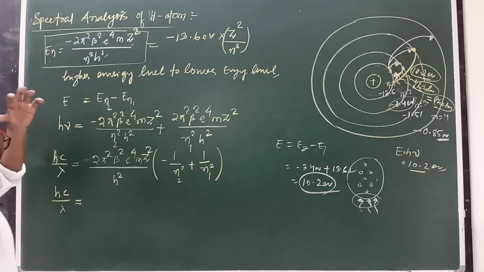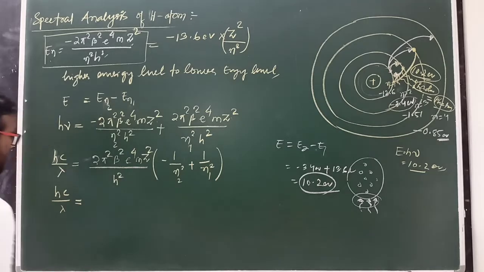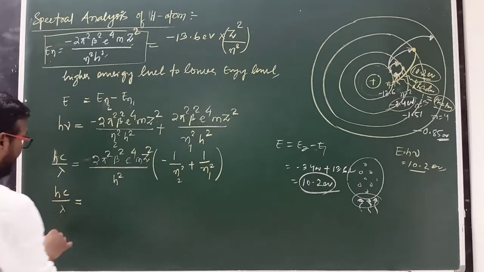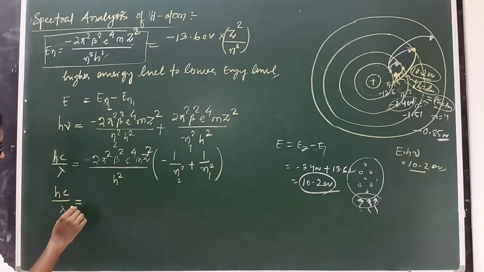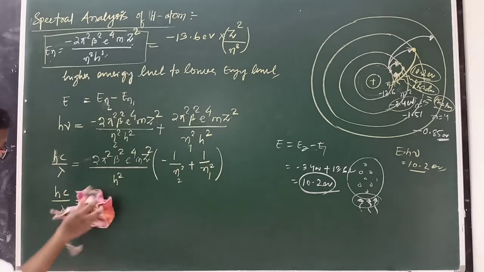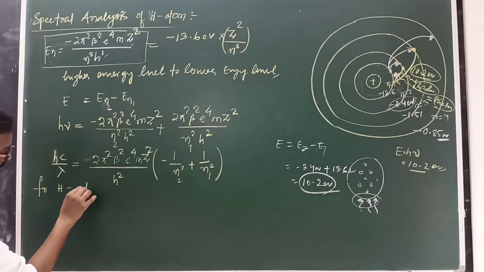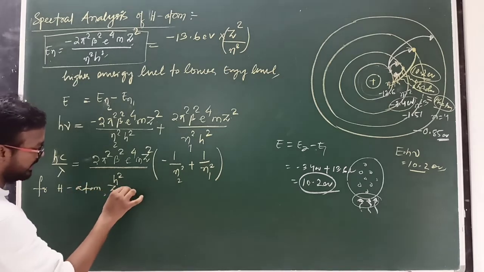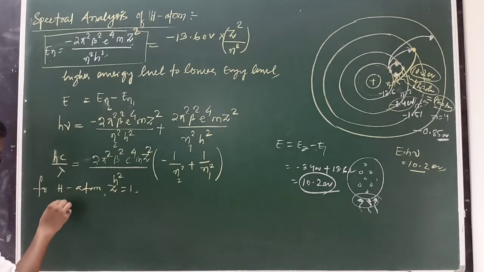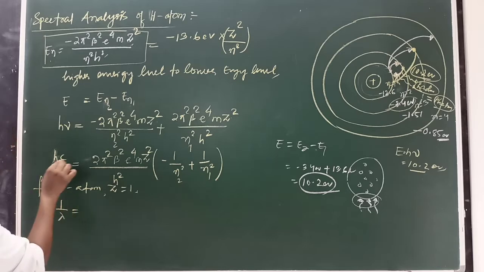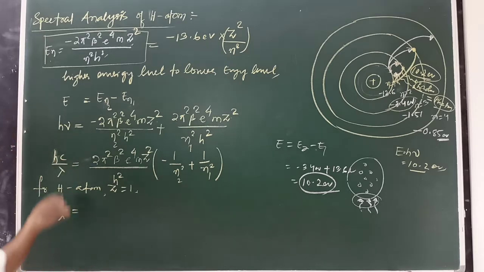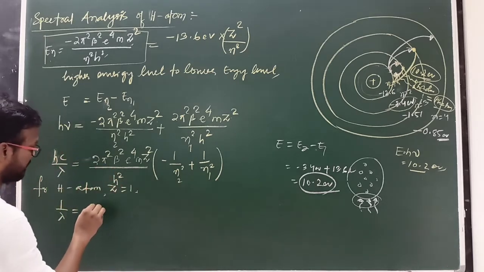Clear? So now I am writing 1 by lambda. For a hydrogen atom, or hydrogen-like atom, z equals 1. So 1 by lambda can be written with hc as the numerator part; if you take it to the other side, it will be the denominator.